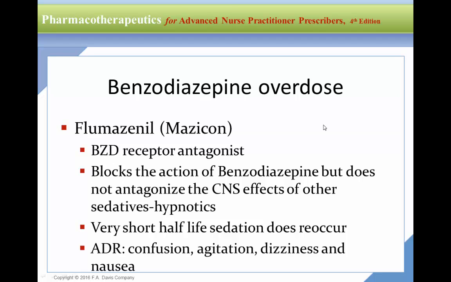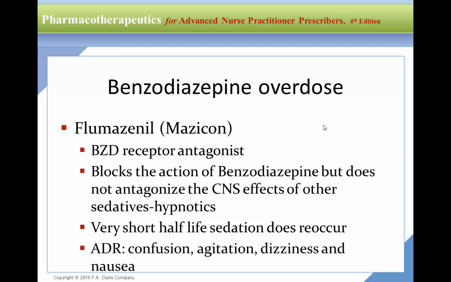Now, when patients have a benzodiazepine overdose, you could imagine what the signs and symptoms are. The antidote that is used would be flumazenil or romazicon. What they basically do is block the action of the benzodiazepine and antagonize the side effects on the central nervous system, avoiding lethargy, obtundation, and even coma and respiratory arrest due to loss of control of the airway by major sedation at the level of the cortex and medulla.